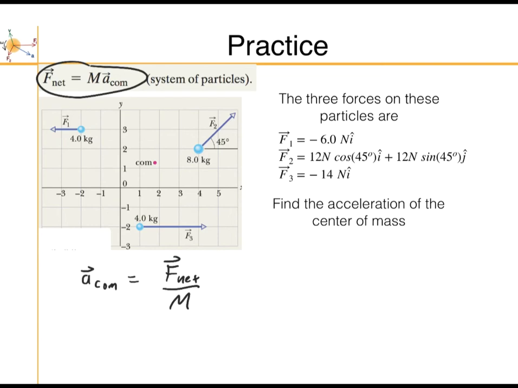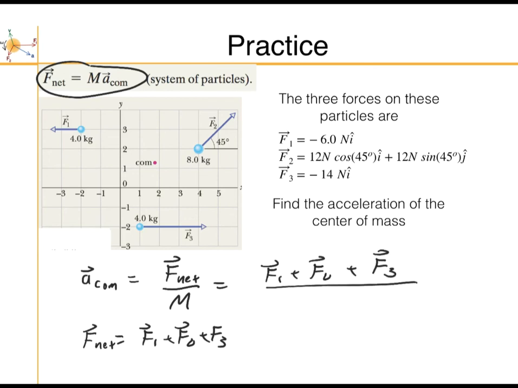So I can treat the F net as the sum of these 3 forces, F1 plus F2 plus F3. So I can calculate the acceleration. This is going to be F1 plus F2 plus F3 over the mass of the whole thing.